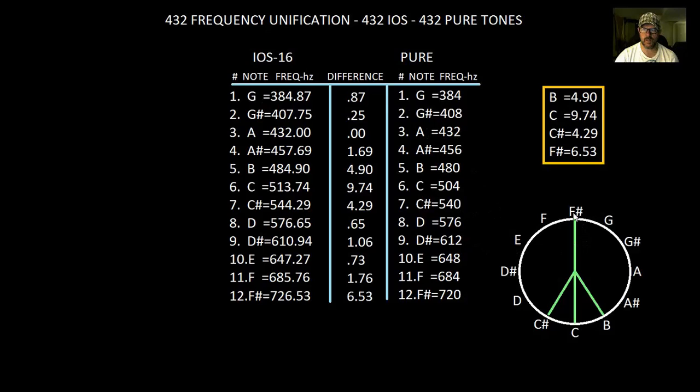So all I did here was go 1 through 12, or G through F sharp. And then I just lined up from the middle. I went B, C, C sharp, and F. Now, I'm just showing you that this is what I initially got when I tried to figure this out.